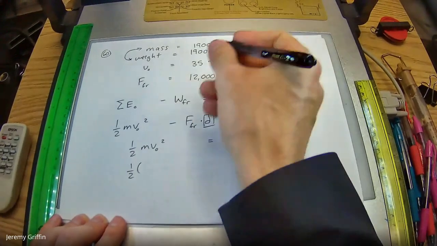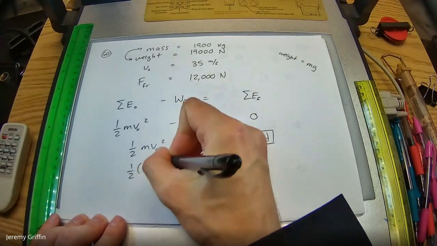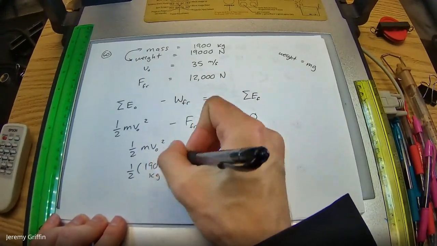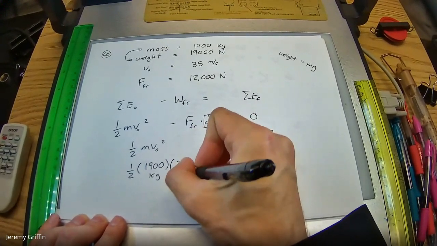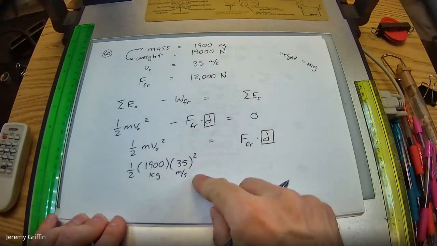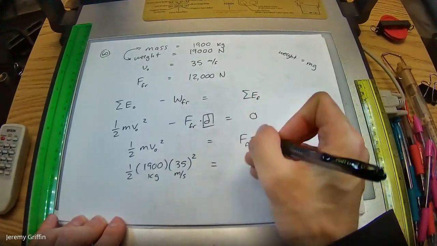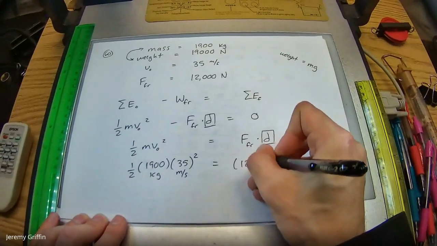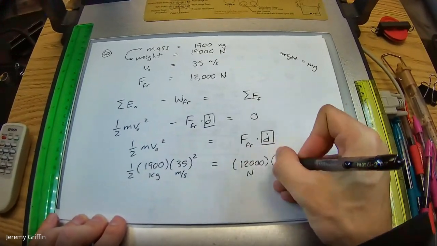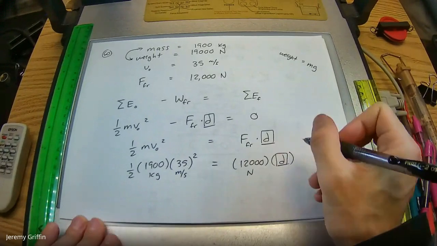That's why we went and got that mass, that some number of kilograms for the car. Moving at the original speed of this many meters per second, and don't forget to square the speed. That's an important part. They told us the friction force, so that's nice. This many newtons of friction force for some distance.